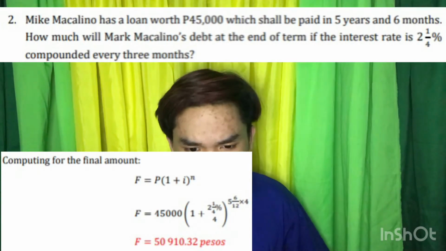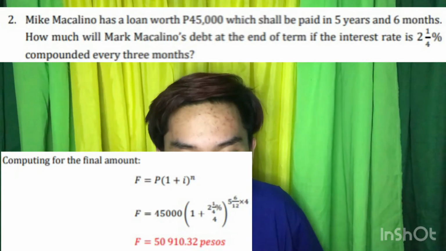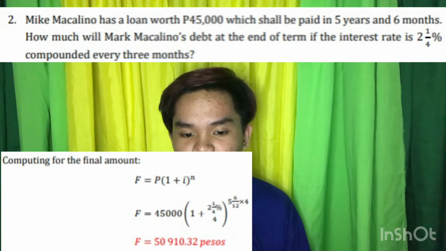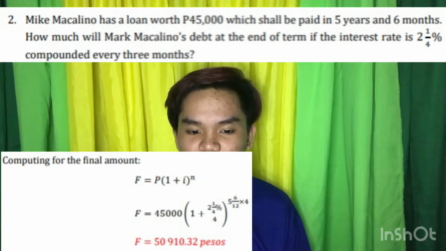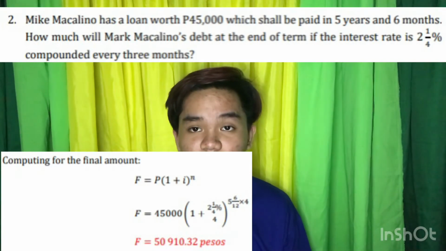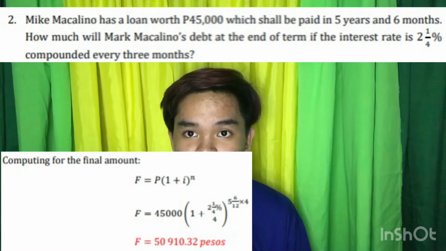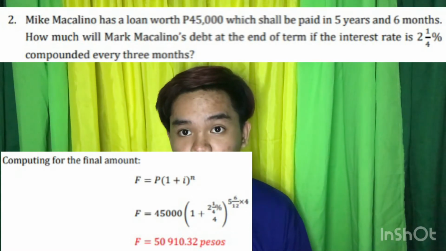Kasi nga, 4 months tayo magbabayad. And then, ang notation natin ay magiging raised to 5 over 6 over 12 times 4. Ayan. So, ang magiging result natin for our final amount will be 50,910.32 pesos.